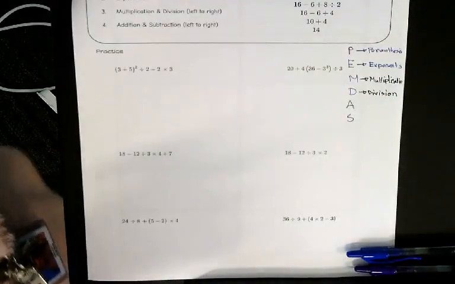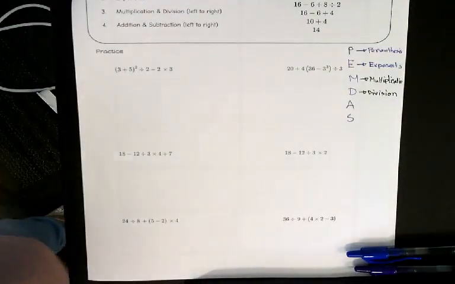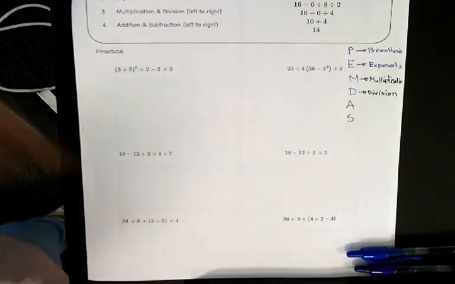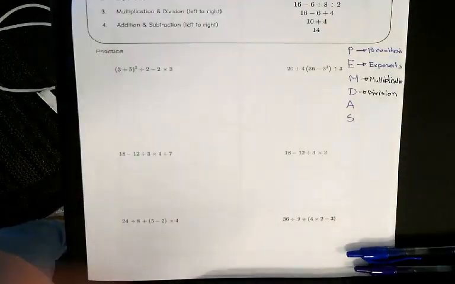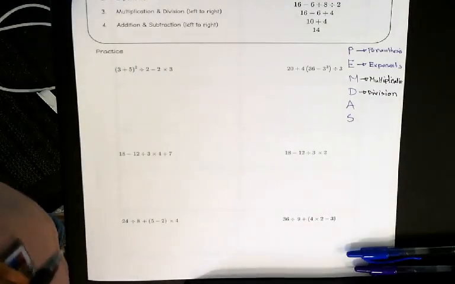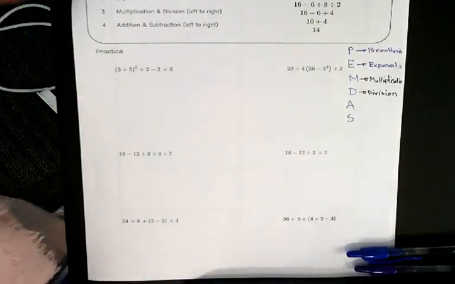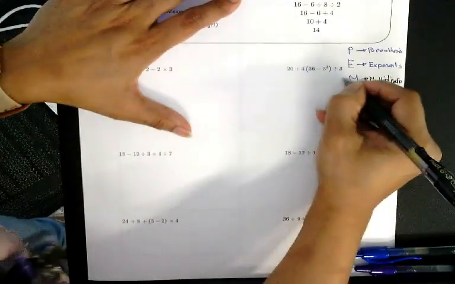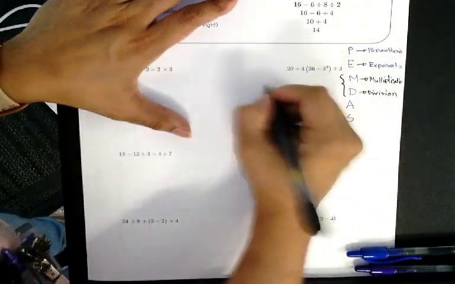If there are multiple of them in the same problem, we're going to work on both of them at the same time, but from left towards the right. If you don't maintain the left towards the right, you're going to end up with the wrong answer. So it's extremely important for you to know that multiplication and division come together. We're going to work on those together, but from the left to right.